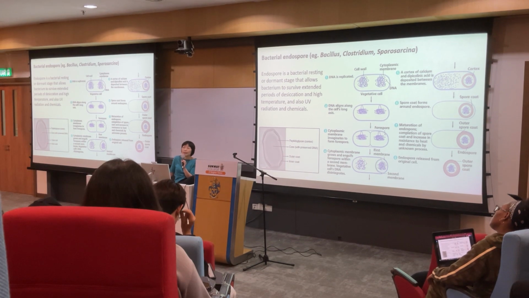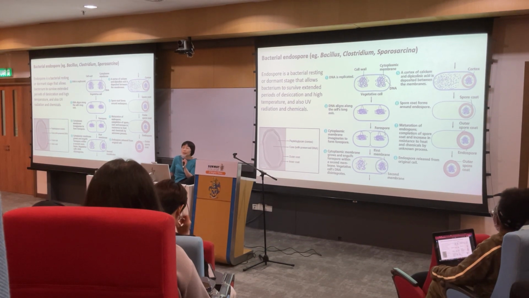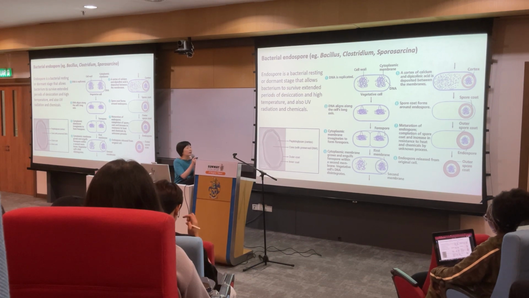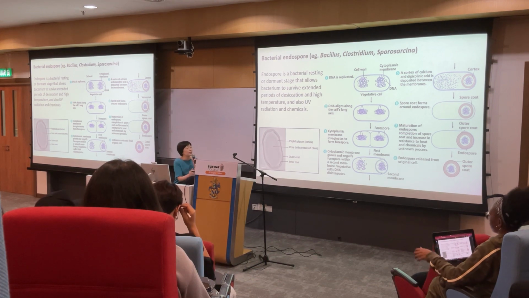For example, when winter comes, the temperature can go under like minus 40 degrees Celsius. How do the bacterial cells survive? They may be frozen and broken, right? So the endospore is very tough and allows them to survive under minus 40 degrees Celsius. Evolution is amazing.